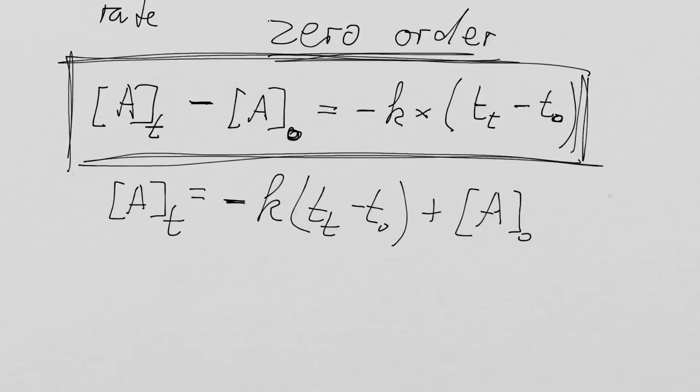I just brought this minus A_0 to the other side. What does that do for me? Well, again, it is the equation for a straight line. y equals mx plus c.